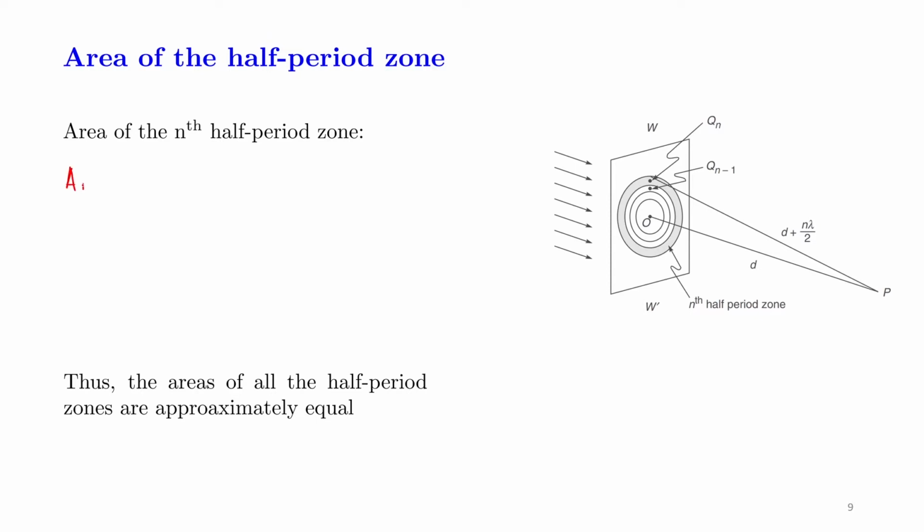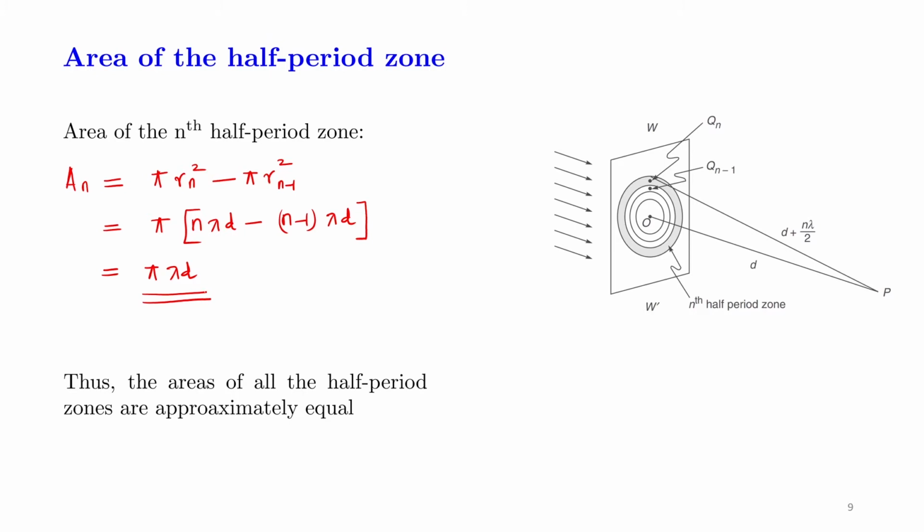Area of the nth half period zone An is equal to pi Rn square minus pi Rn minus 1 square, and this is pi n lambda d minus n minus 1 lambda d. And this is equal to pi lambda d. Thus, we see that the areas of all the half-period zones are approximately equal.